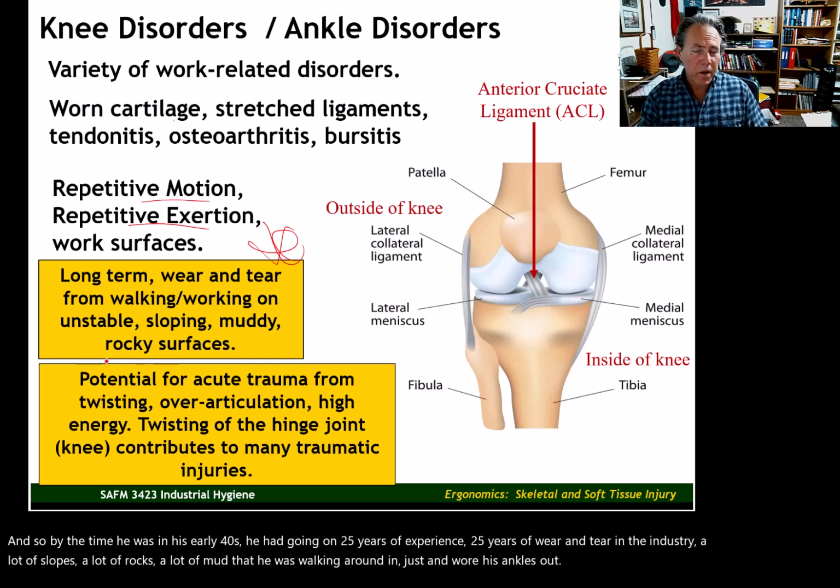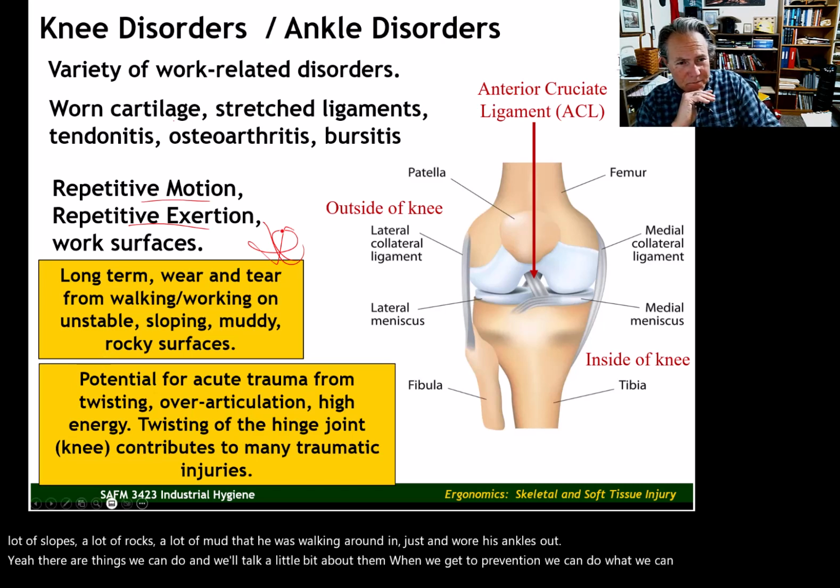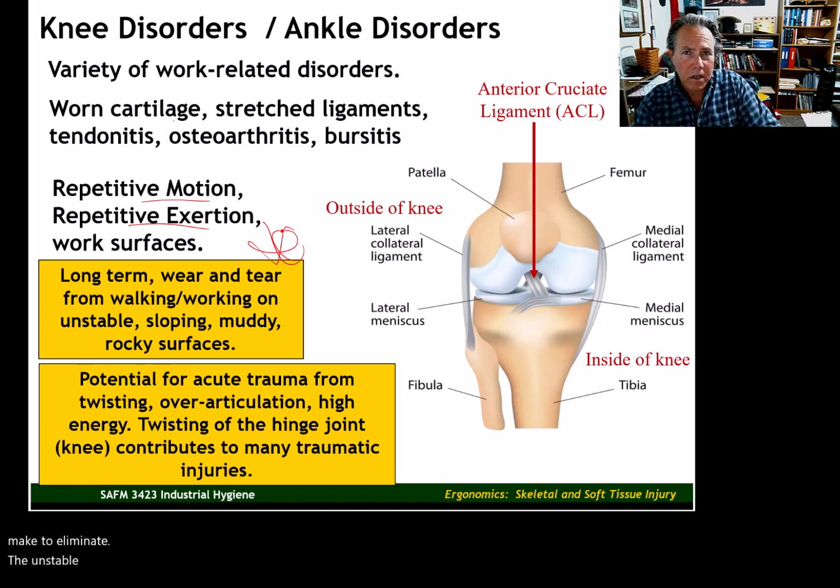There are things we can do, and we'll talk a little bit about them when we get to prevention. We can do what we can to eliminate the unstable, the uneven, the muddy work surfaces that may contribute to these problems.